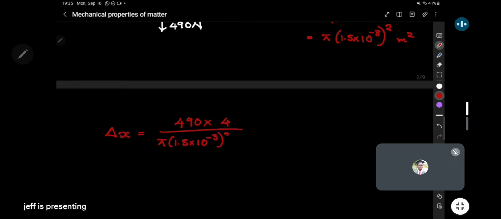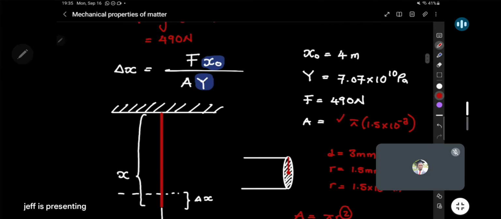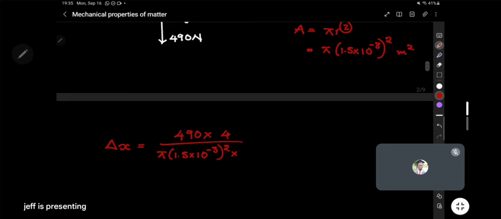Again, don't forget that square there. Then multiplying the Young's modulus. Young's modulus, we have 7.07 by 10 to the 10.